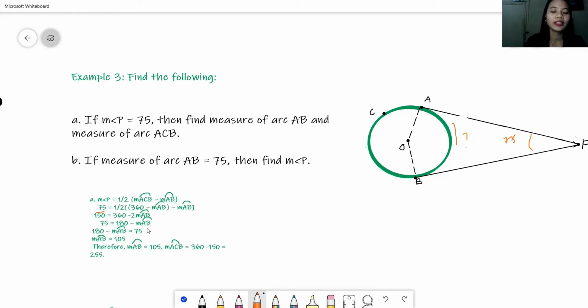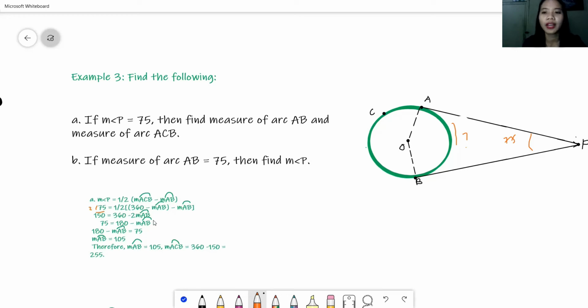Now, to find the measurement of arc AB, let us multiply both sides by 2. So 75 times 2 is 150, and that is equal to 360, since 1/2 times 2 is already 1, and then 360 minus 2 times the measurement of arc AB.